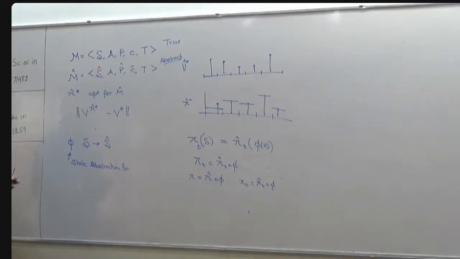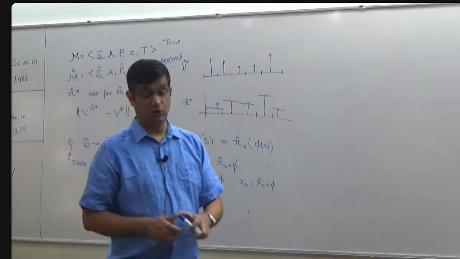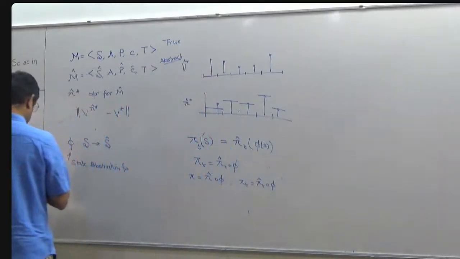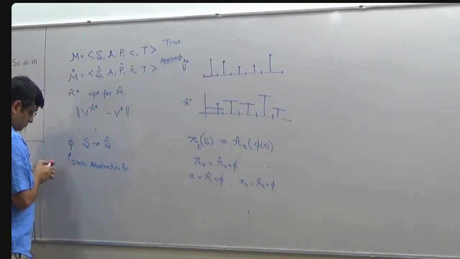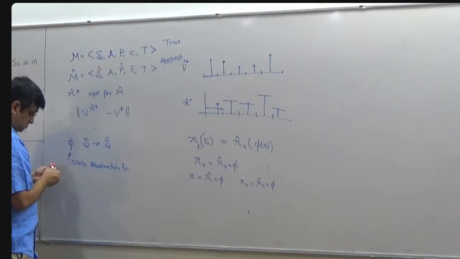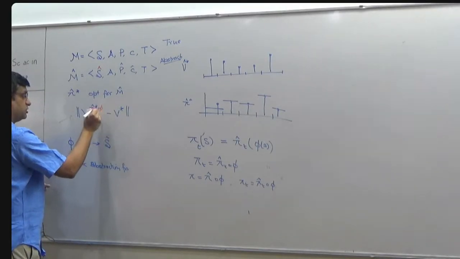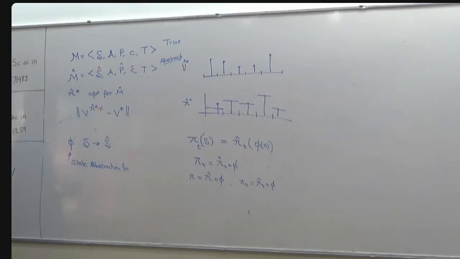So, the real question that I need to ask is: if I use this policy, what is the difference between the two? Because that is the question where I get a policy which is feasible in the original model.